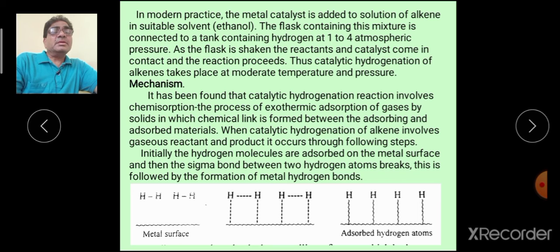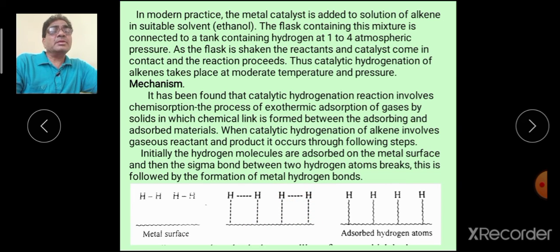Initially, the hydrogen molecules are adsorbed on the metal surface. That is, adsorption is a surface phenomenon, and therefore hydrogen molecules are adsorbed on the metal surface. This is the metal surface, and these are hydrogen molecules. These are adsorbed on the surface of the metal.